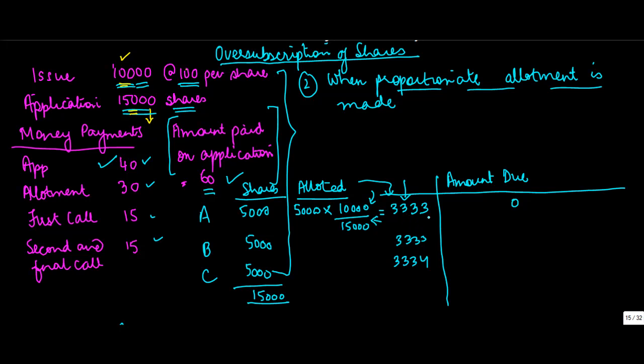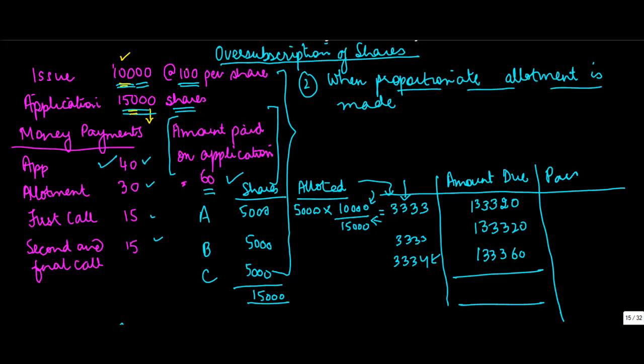Let me do the multiplication. So the amount due comes to 133,320 for this one, 133,320 for this one, and 133,360 for the third. Why 60? Because he's got one extra share.